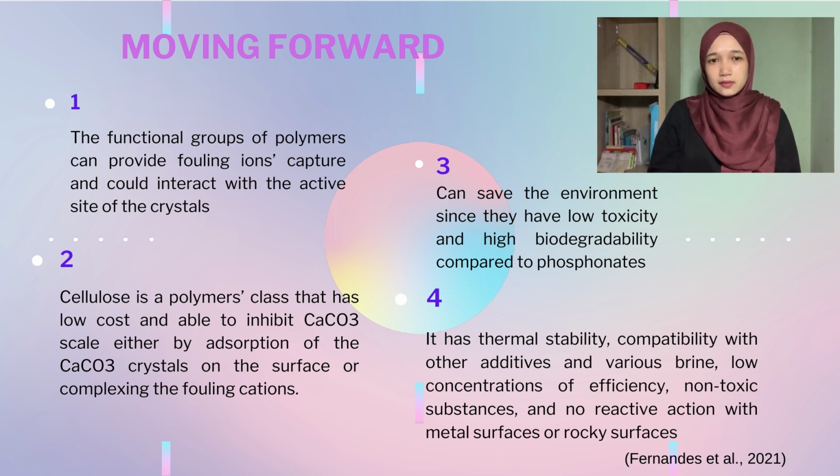Next, it can save the environment since it has low toxicity and high biodegradability compared to phosphonates. The last one is that it has thermal stability, compatibility with other additives and various brines, efficiency at low concentrations, non-toxic substances, and no reactive action with metal surfaces or rocky surfaces.